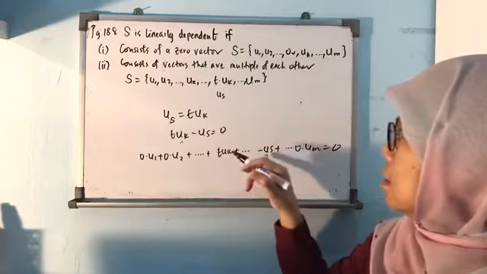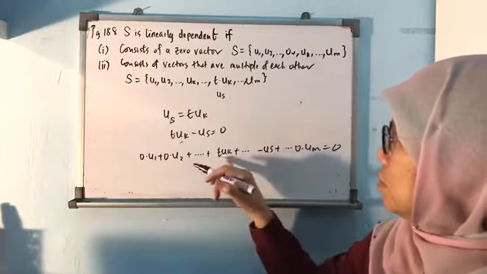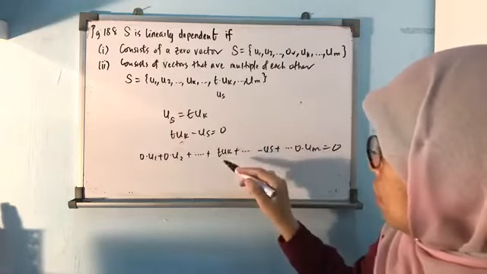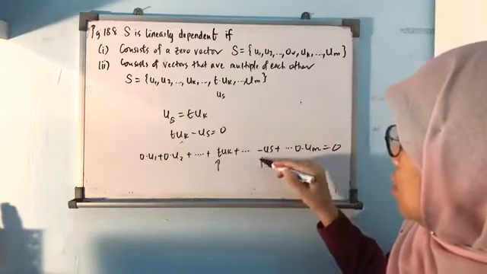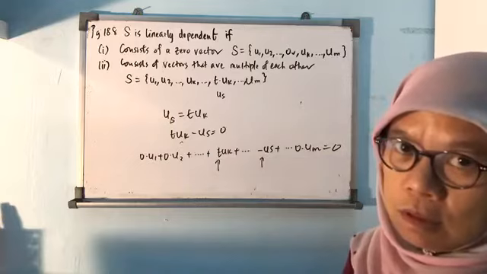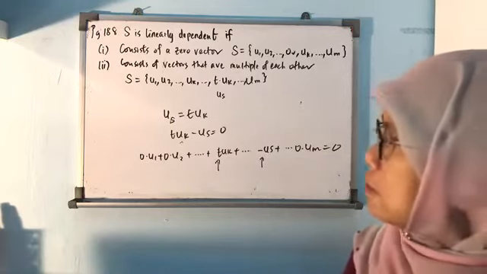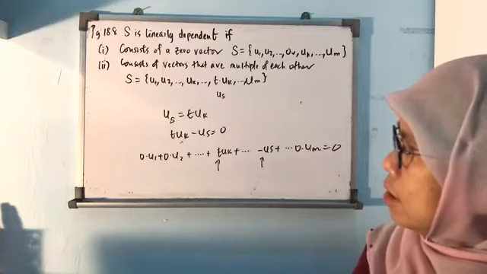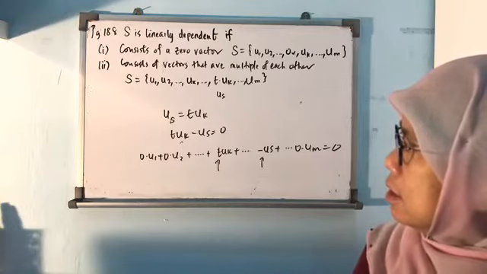Since this is equal to 0, the rest is 0, but this C is not 0. You go back to the previous example that we have, and you will see this.